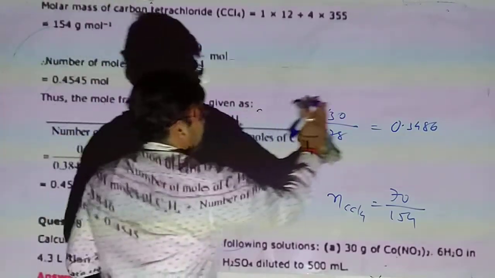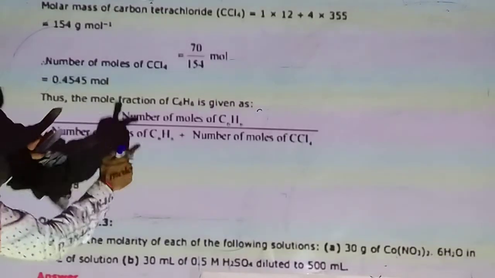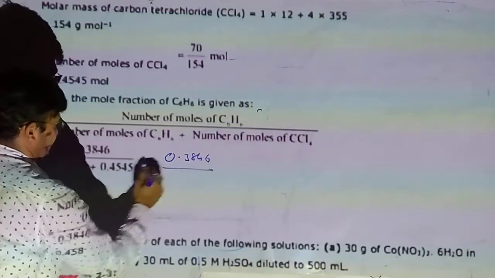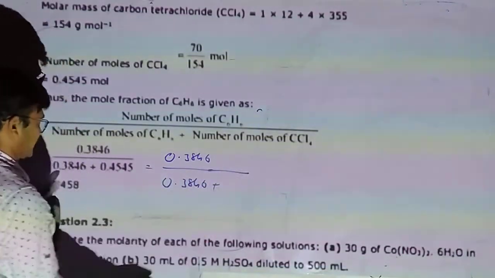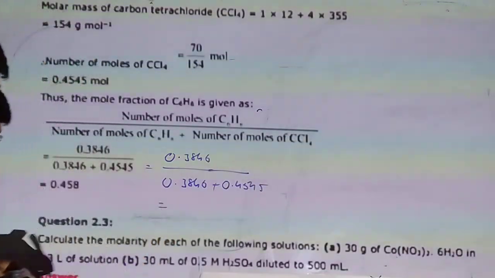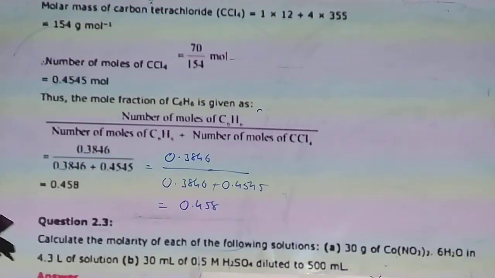Thus the mole fraction of benzene is mole of benzene upon total mole. So 0.3846 divided by 0.3846 plus 0.4545. So it is 0.458, our mole fraction of benzene.